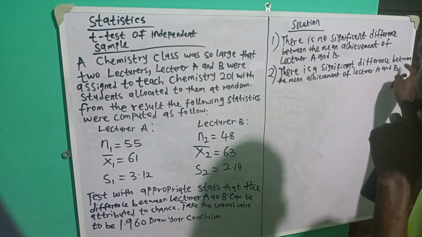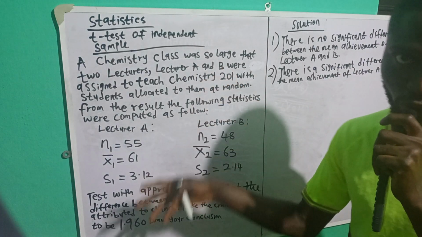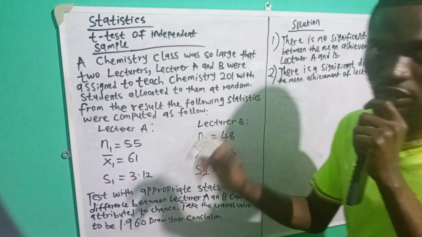And I said lecturer A and lecturer B because they are stated in the question. That was why I chose lecturer A and lecturer B.